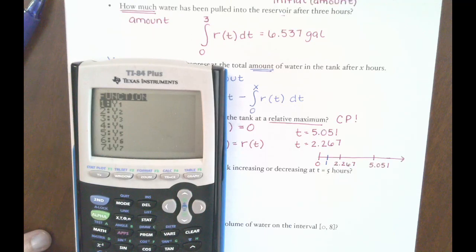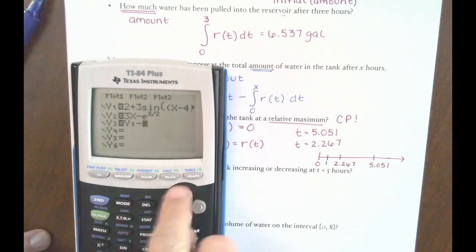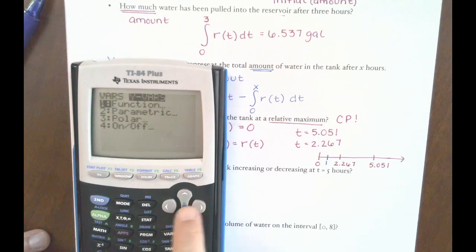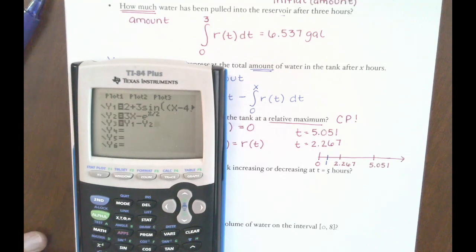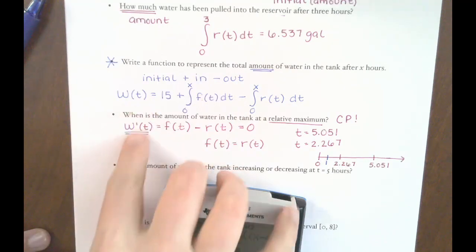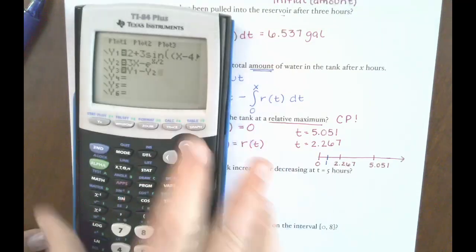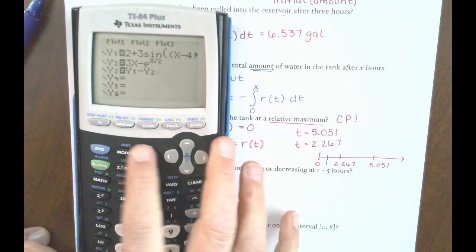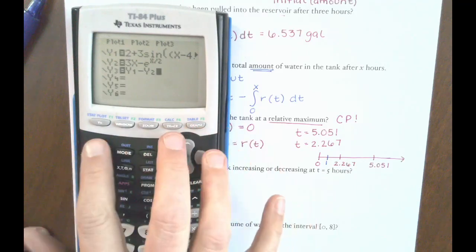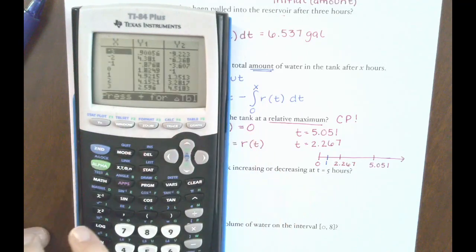And I'm going to say I want to do y1 minus, let's go back to variables, function, and I'm going to choose y2. So now I'll have a third function on there that is w prime of t. It's this function minus this function. And that's where I want to evaluate this thing. So I think what I would like to do, actually I could probably just do this from my table. Let's do that.